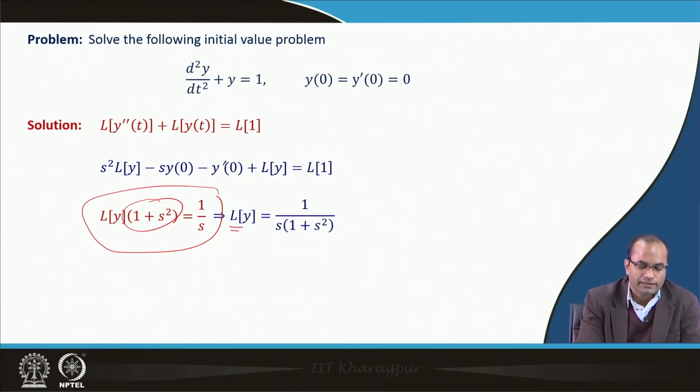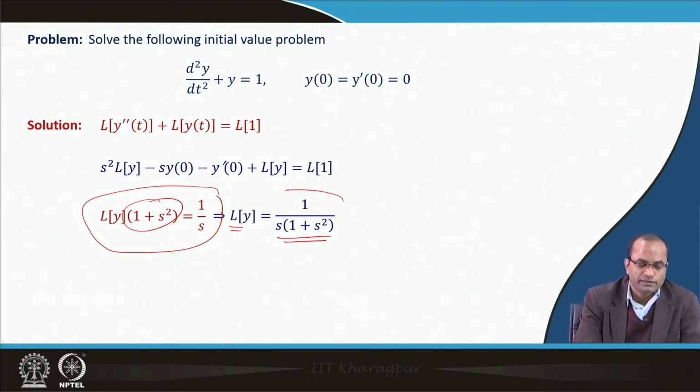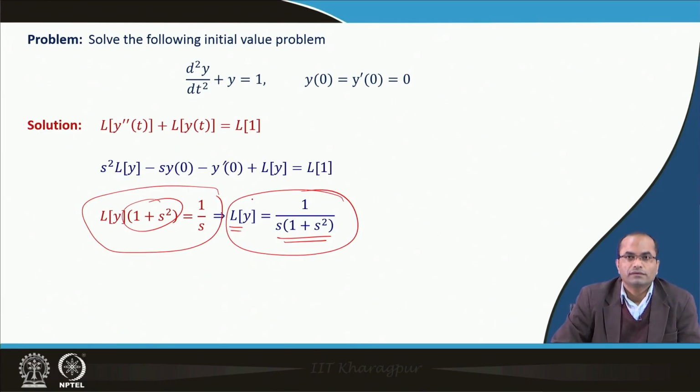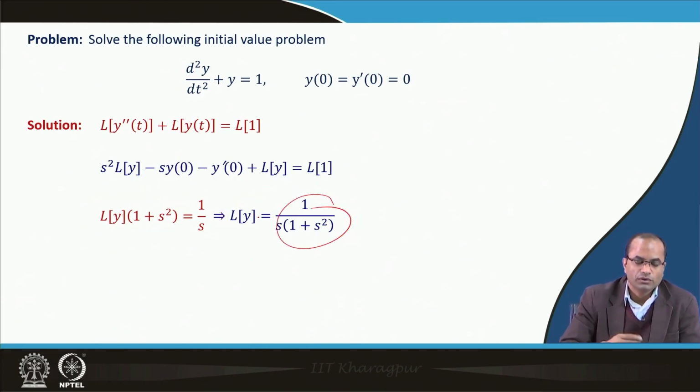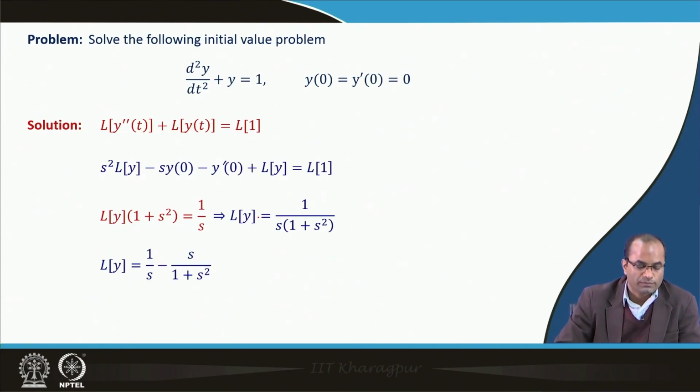So, we get L y is equal to 1 over s times 1 plus s square, and then the final step is to take the inverse. The third step is to take the inverse, so that we get y from here. Taking the inverse of this, we can either apply the convolution theorem, or we can do the partial fractions. This we have already discussed before, so we will not spend time on taking this inverse Laplace transform.